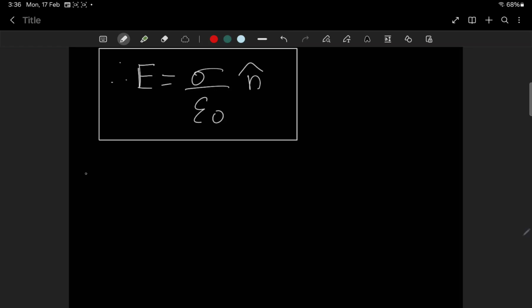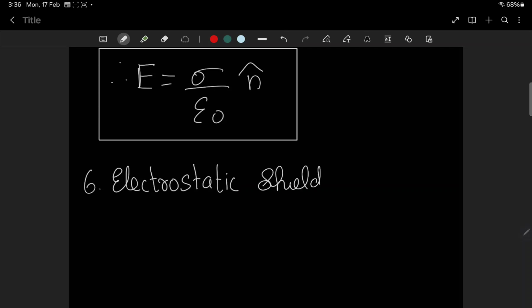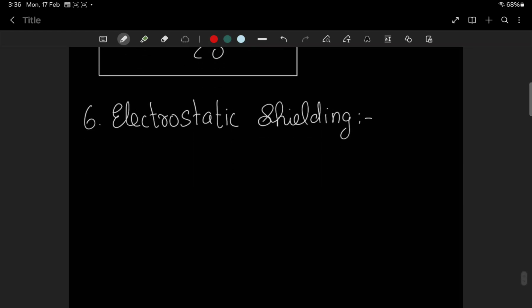Now the sixth one is electrostatic shielding. It's not a special characteristic, but it is a characteristic property.